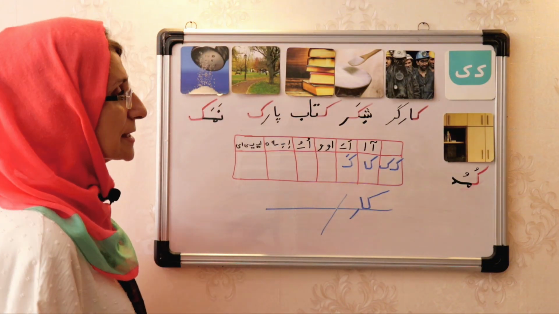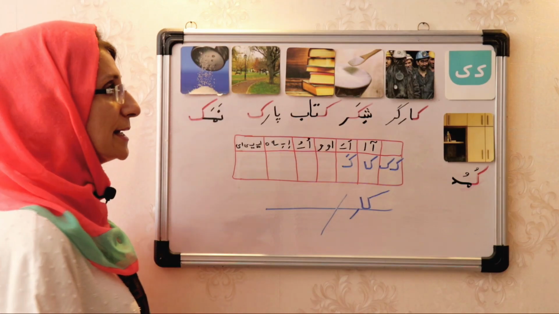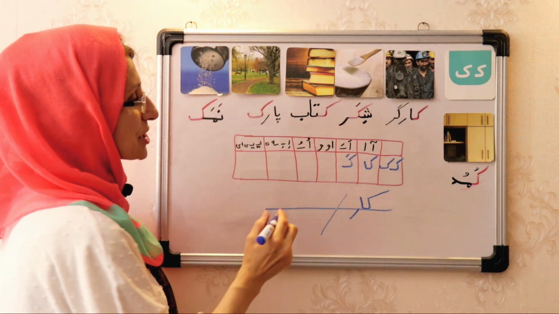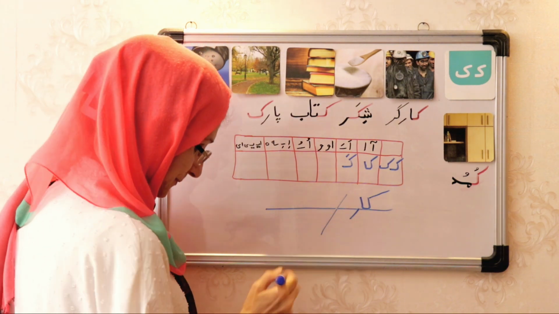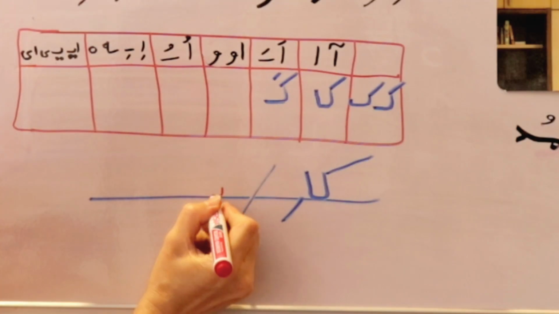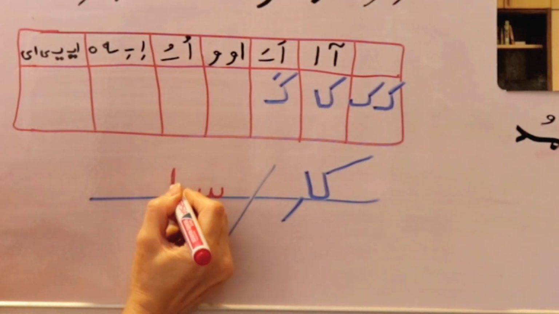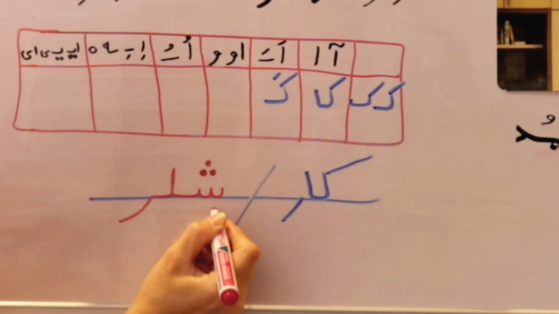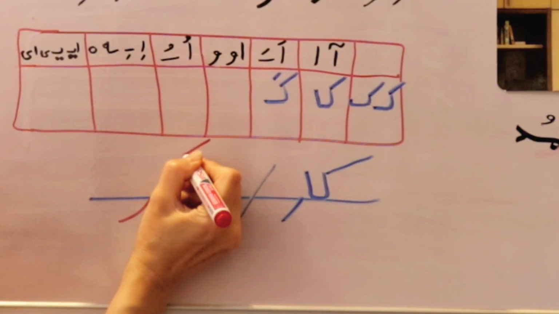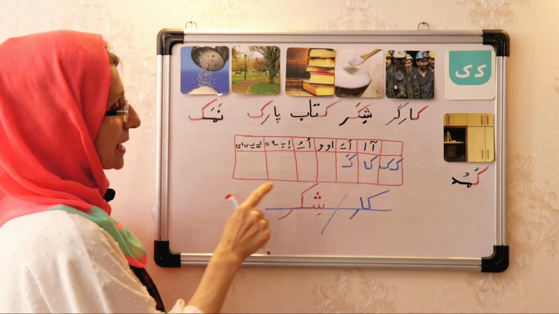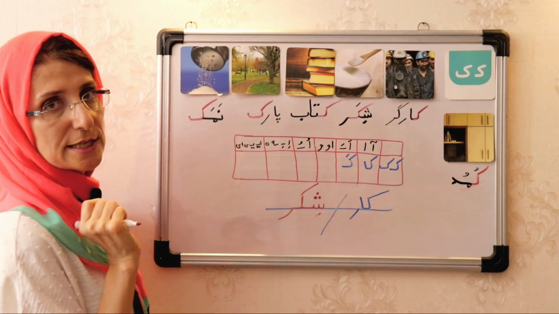Ka like شکر. Look at me how I write the whole form, then dots for sh and line for k.